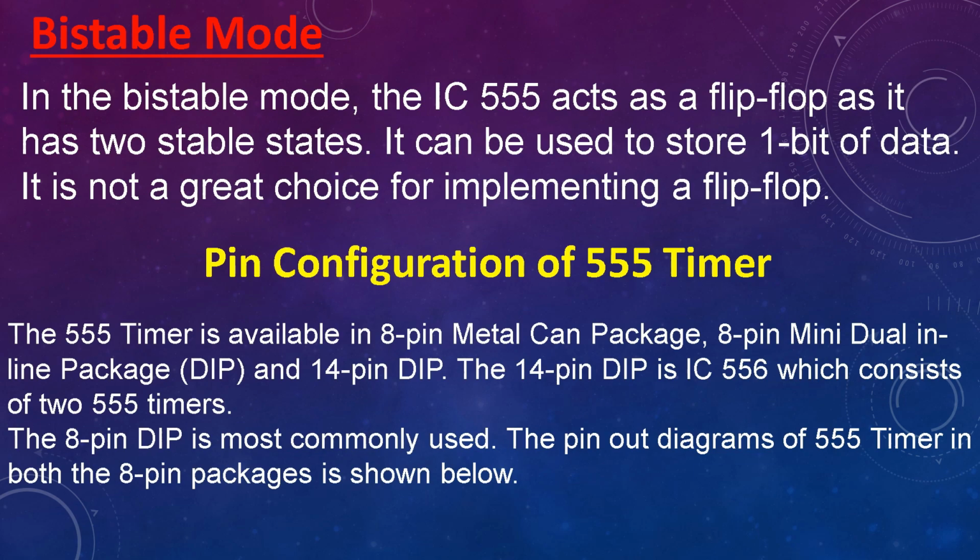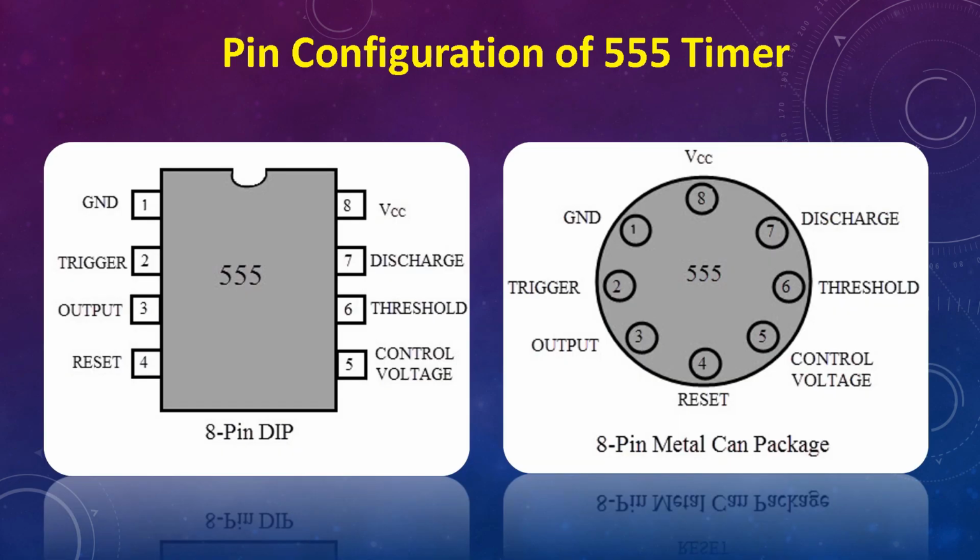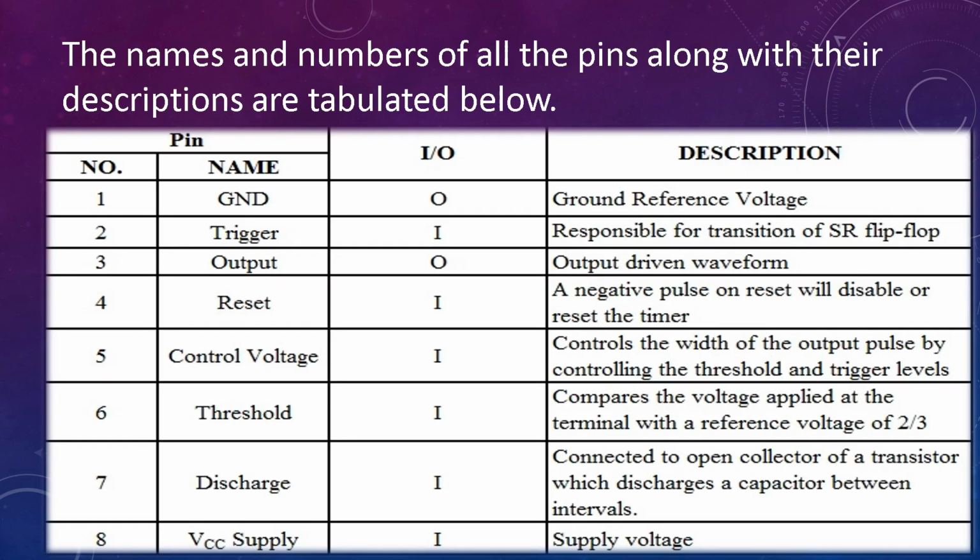The 8-pin DIP is most commonly used. The pin-out diagrams of the 555 timer in both the 8-pin packages are shown below. The names and numbers of all the pins along with their descriptions are tabulated below.